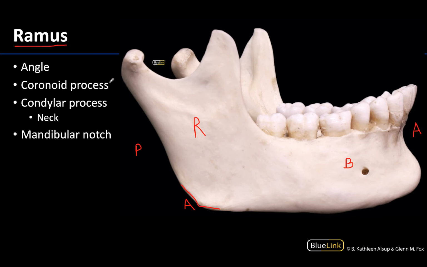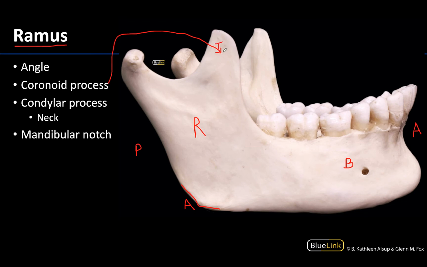This will be, and I'll draw an arrow, the coronoid process. This one will be the more anterior process of the ramus, the one that is going to be closer to the teeth. And this will be one of the distal attachment points for the temporalis muscle. So your temporalis muscle is going to attach over here.